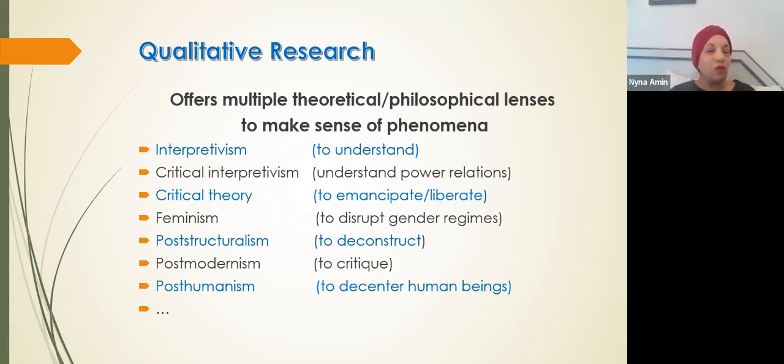Then there's a worldview called critical interpretivism. And that is that we want to understand the dimensions and the nature of power relations and how that affects our practice.